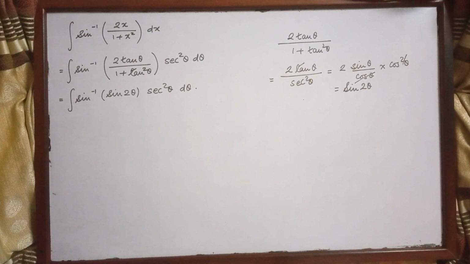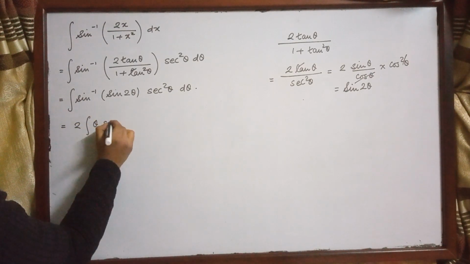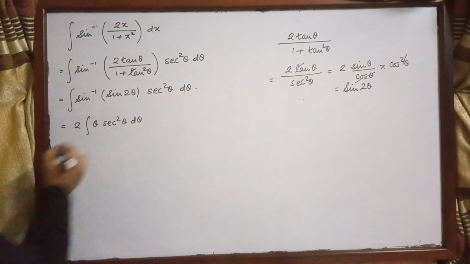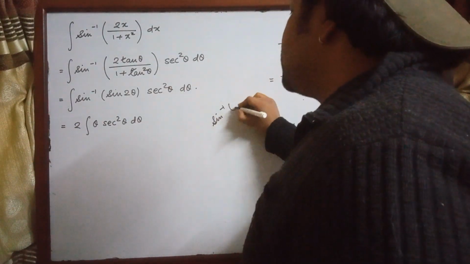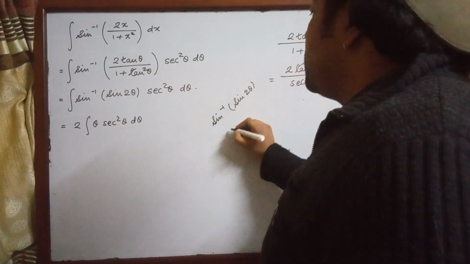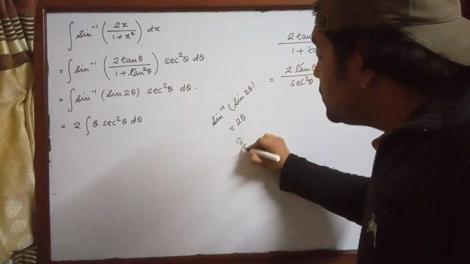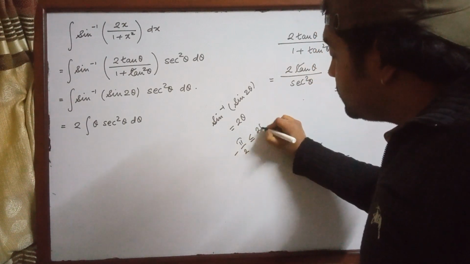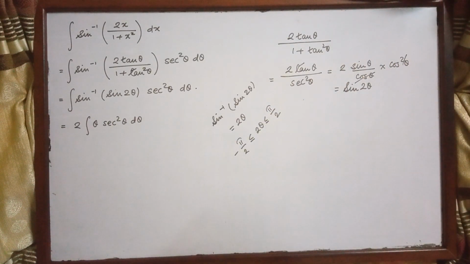But one of the major mistakes or misconceptions is that most people solve it like this, but they forget that we can write it as this only if this is between minus pi over 2 and pi over 2.